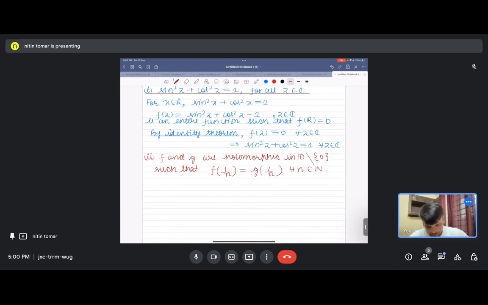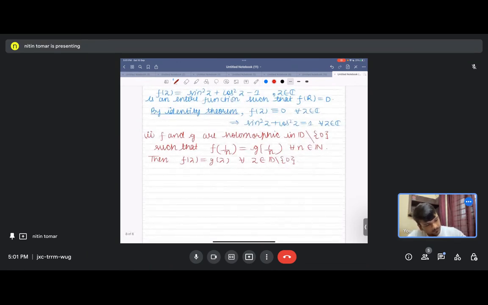Okay. Then does it hold that f(z) is equal to g(z) for all z in D minus 0? Did you understand the question? Okay, let us first do it this way. Otherwise, it will be confusing.